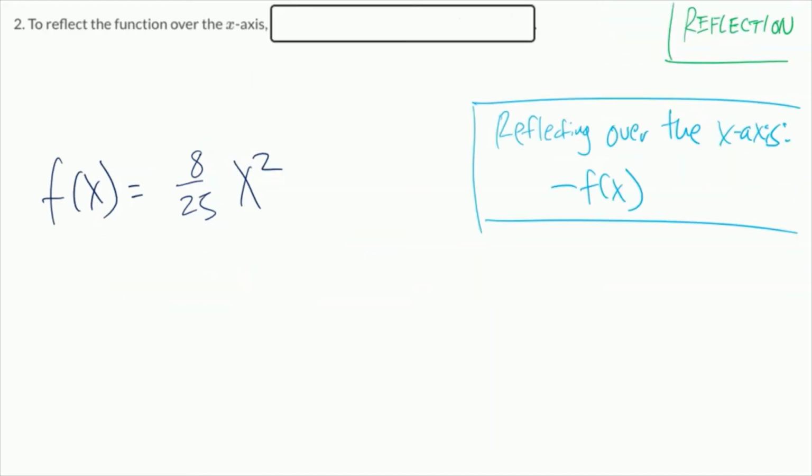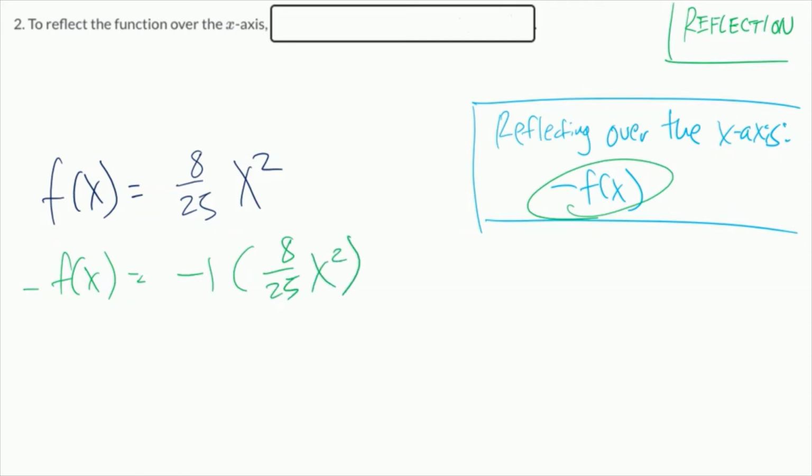2. To reflect the function over the x-axis, blank. Now this question is a reflection problem. When you're reflecting over the x-axis, that means you would multiply the entire equation by -1. So we can see that it becomes negative f of x. In this case, negative f of x will just mean -1 times 8 over 25 x squared.